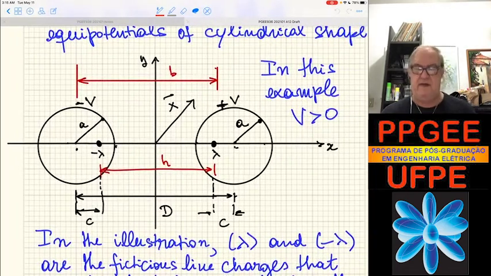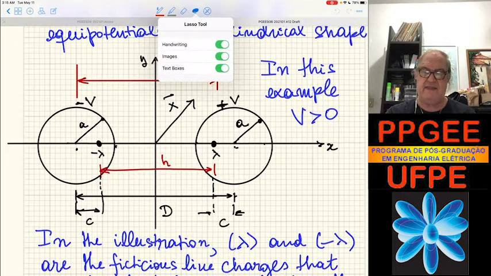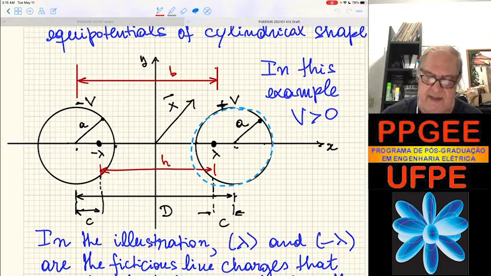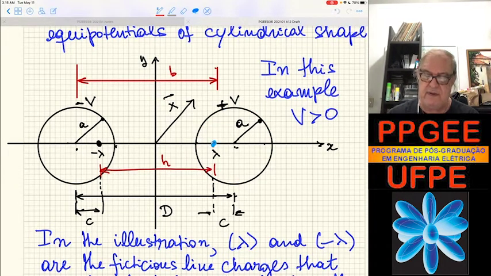So in this problem here, in fact, the original problem, we have this cylinder at potential V, have this other cylinder at potential minus V. Well, this surface is one equipotential at potential equals 0. Then we claim that we can simulate these potentials. We can solve this problem by calculating the potential due to two charged lines, lambda and minus lambda, right?